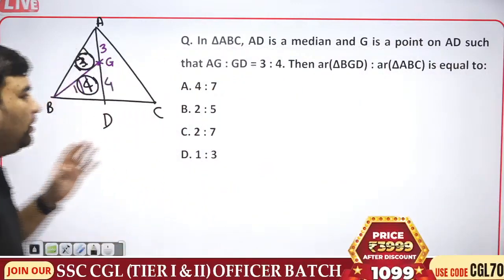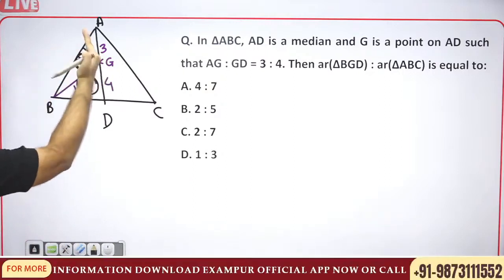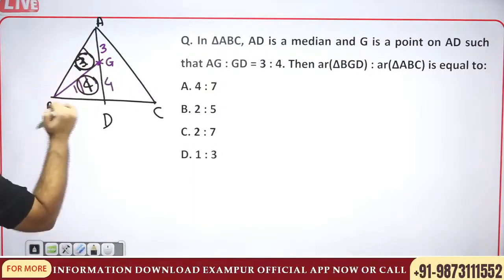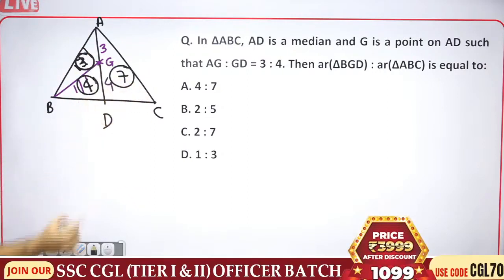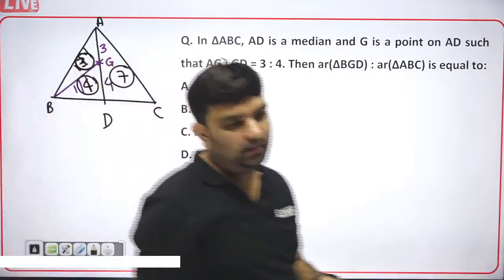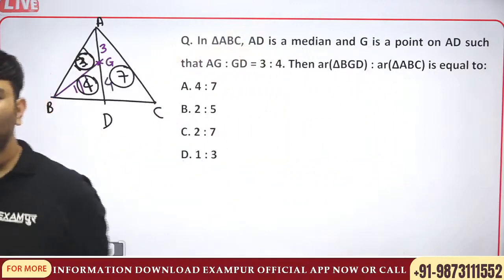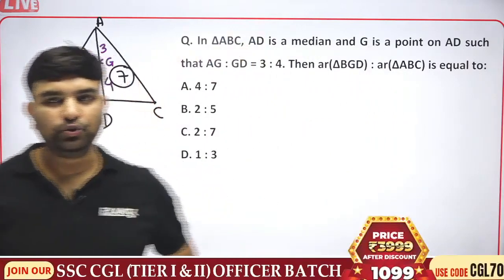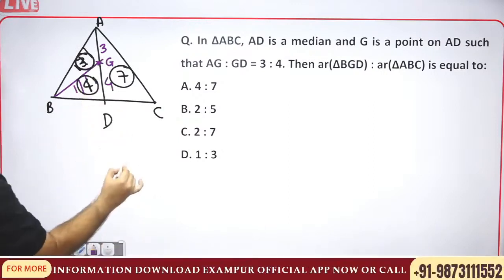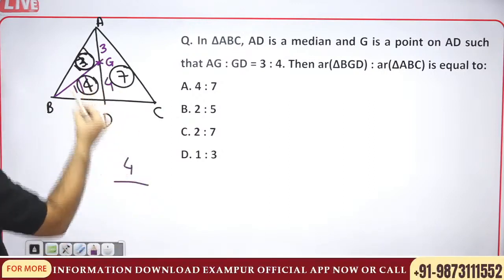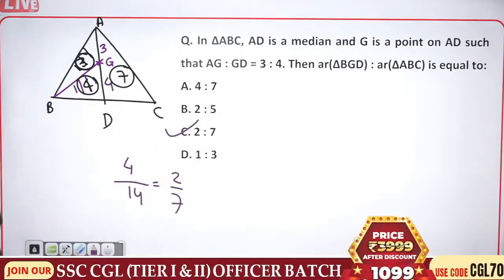So on one side of the median, if the total area is 7, then on the other side of the median, the total area is again going to be 7, because a median divides the triangle into two equal parts. So BGD is 4 and ABC is 7, 7, 14. Fatafat.